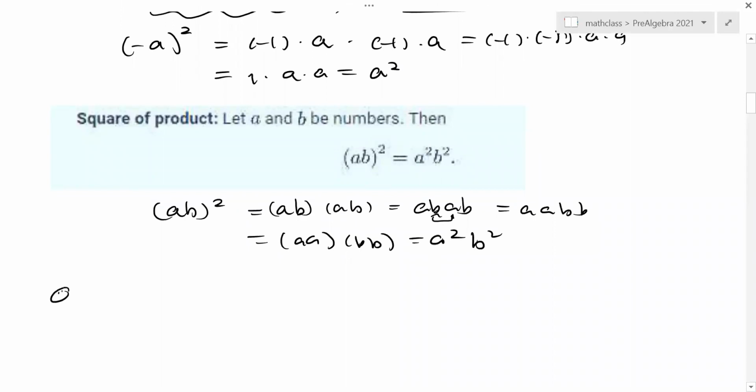For example, let's compute 4 squared times 25 squared.